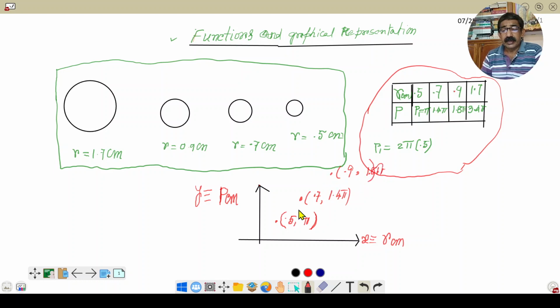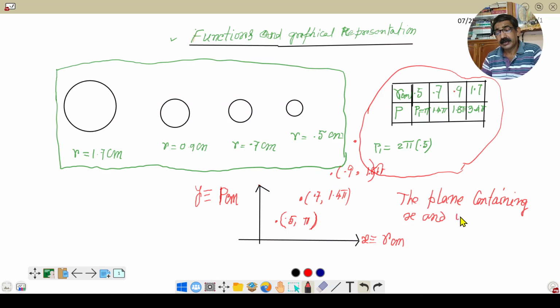So in this graph, we will get some discrete points. That means these points will be scattered in the xy plane. This plane, the plane containing the x and y axis, is known as the xy plane.